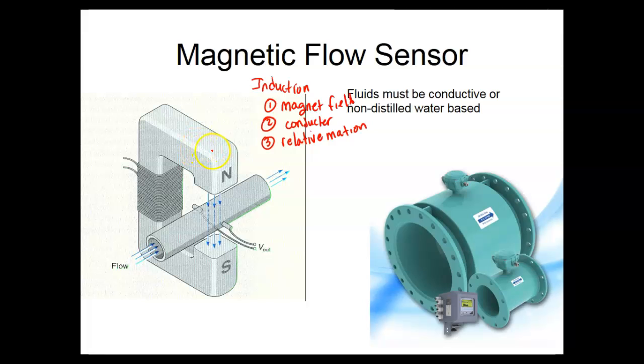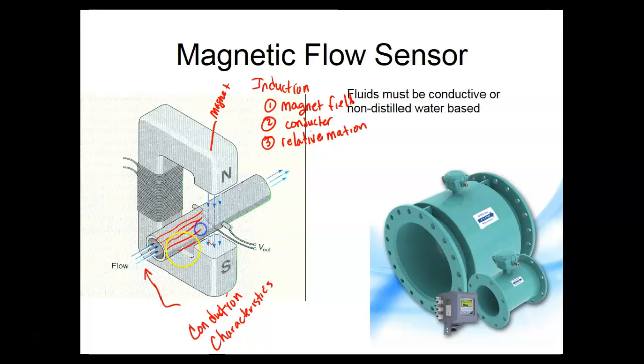So here we have a magnet. Here we have some type of fluid that basically has conduction characteristics. It doesn't have to be a good conductor, but it can't be an insulator, and there are very few fluids that don't have some type of conduction characteristics. So what happens when the fluid moves through here, it goes through the magnetic field.